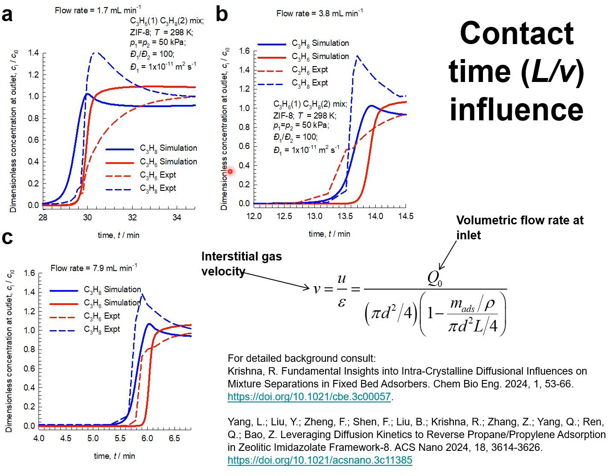The tube is packed with ZIF-8 crystals of 9 micrometer diameter. The experimental data shown by the dashed lines are from this ACS Nano paper cited here. The continuous solid lines are the simulations using the Maxwell-Stefan diffusion formulations as described in detail in my paper in Chemical and Bioengineering 2024.